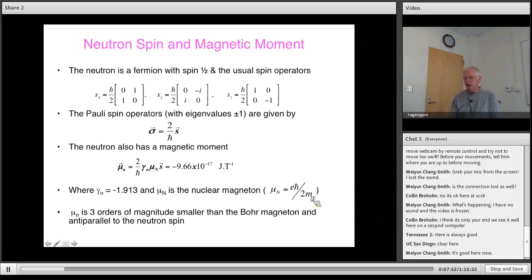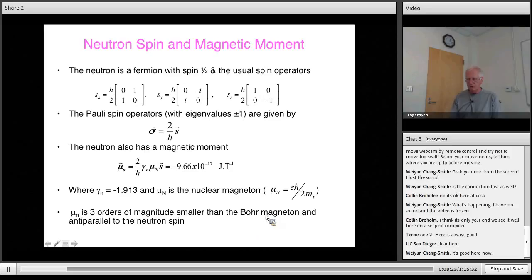If you were thinking about a Bohr magneton, which would be the typical magnitude of a magnetic moment for an electron, you would replace the mass of the proton with the mass of an electron, so you'd get something about 1,000 times bigger. So this magnetic moment of the neutron is about 3 orders of magnitude smaller than the typical values of the Bohr magneton.